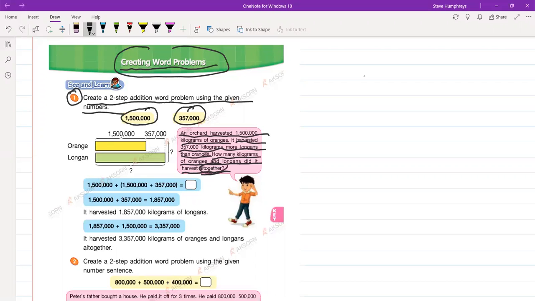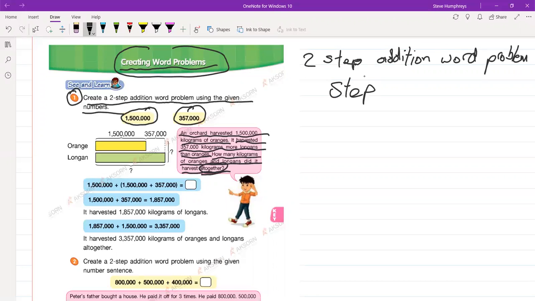That's telling you it's an addition word problem, and it's a two-step addition word problem. Okay, so step one.